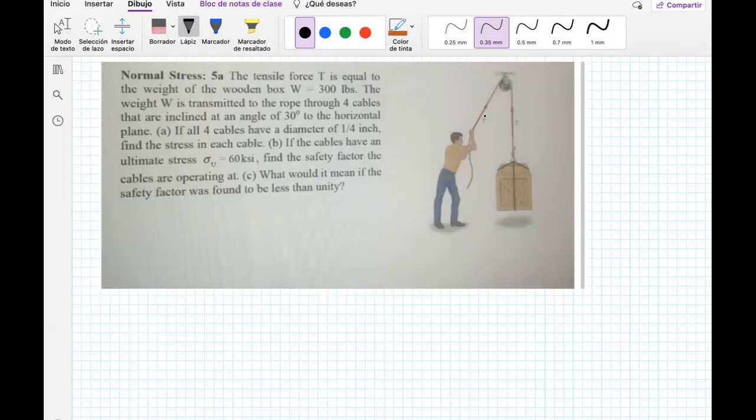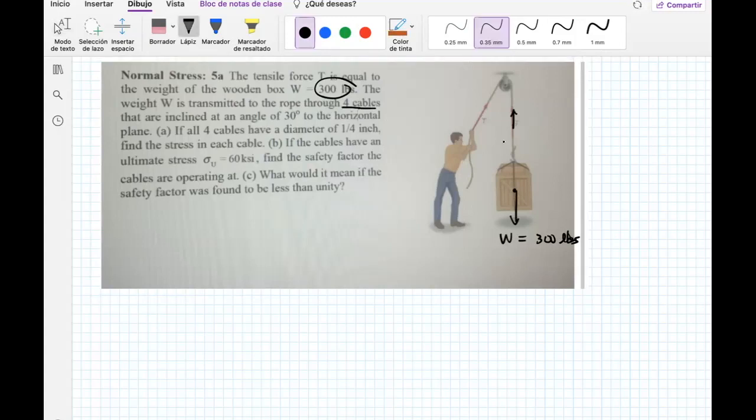The basic idea here is that you have a rope that is trying to lift this weight, and this weight in this case is 300 pounds. This is being done by cables. They talk about these four cables.